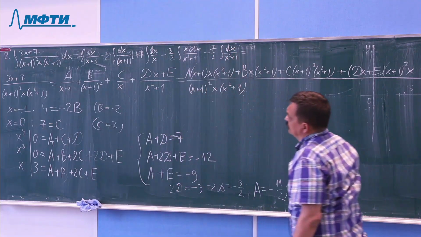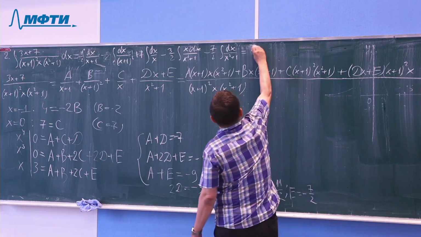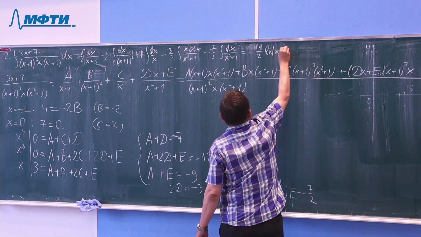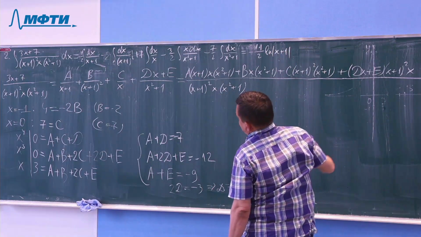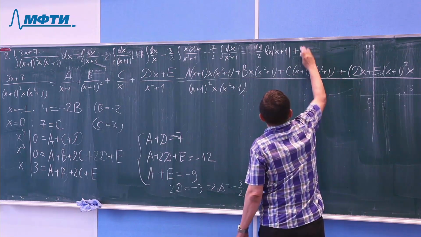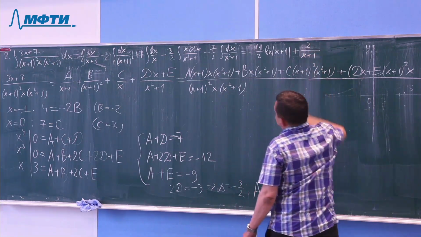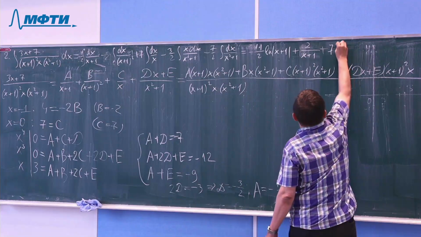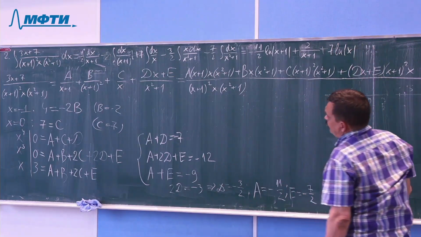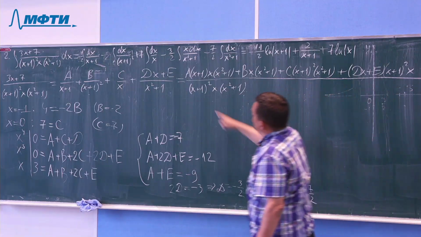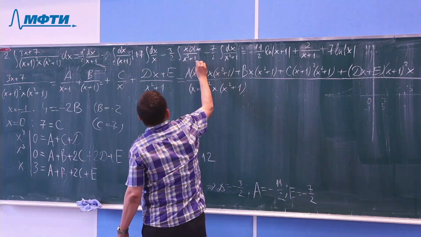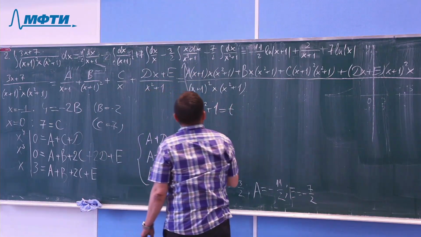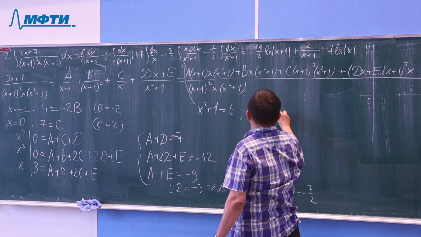and it gives minus 11 over 2 logarithm modulus of x plus 1, plus 2 over x plus 1, plus 7 logarithm modulus of x. Here I can substitute x squared plus 1 equals t, and that gives dt equals 2x dx.